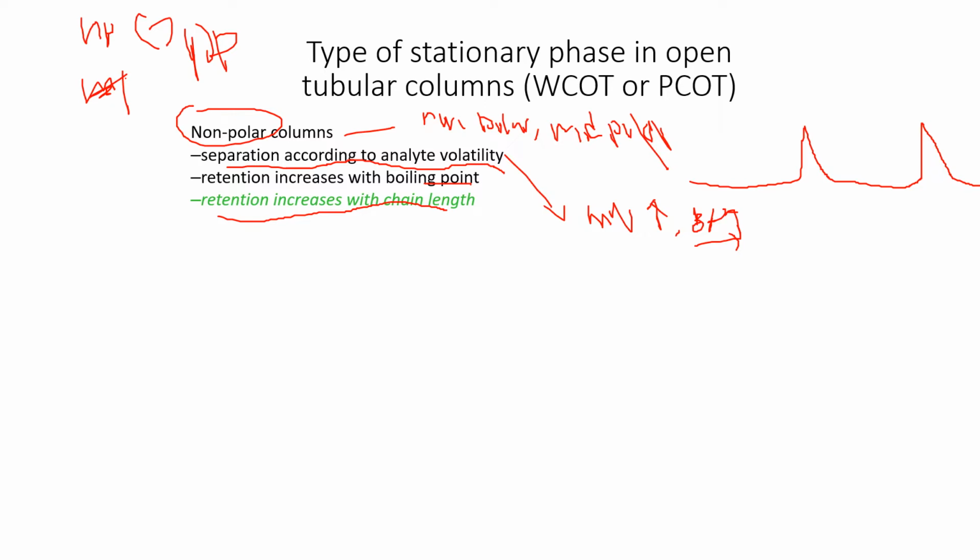So it is retained longer in the non-polar column, but do we want it to be retained so long that it doesn't come out? That's also not good, right? Because we have to stick to a k prime of 2 to 11. If it is more than 11, it is retained very long already, and that is not good for the time either.